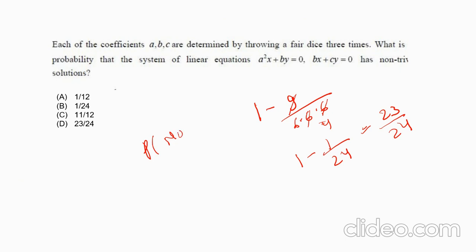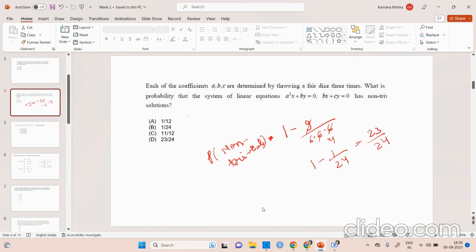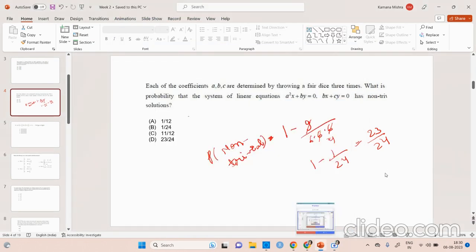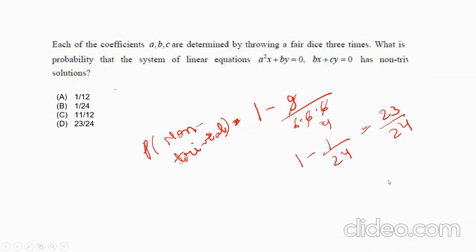Probability for non-trivial. Right? No doubts, right? Okay.